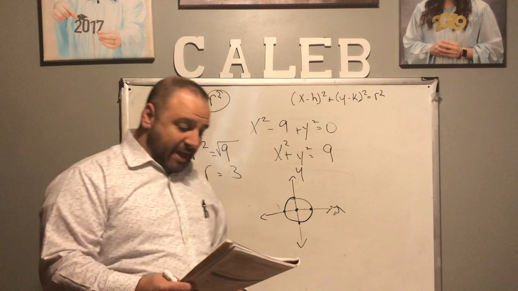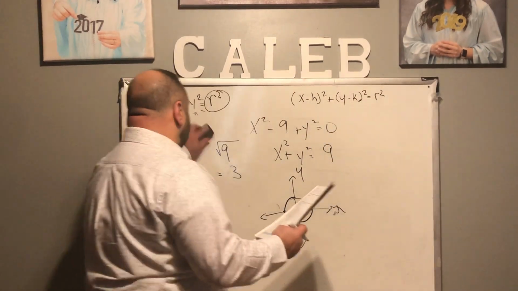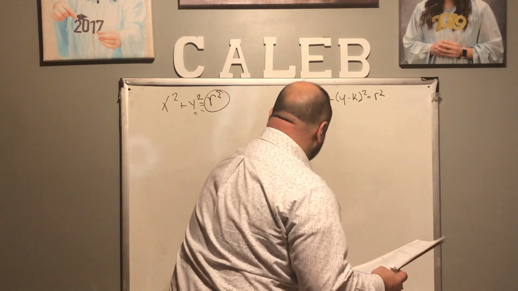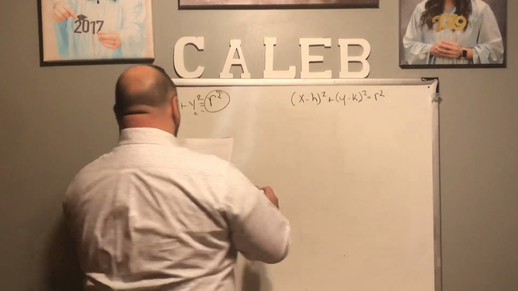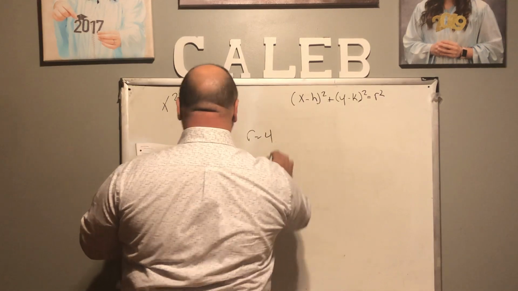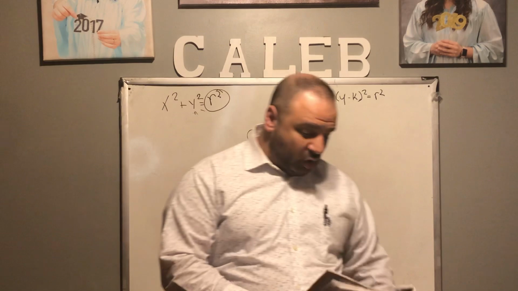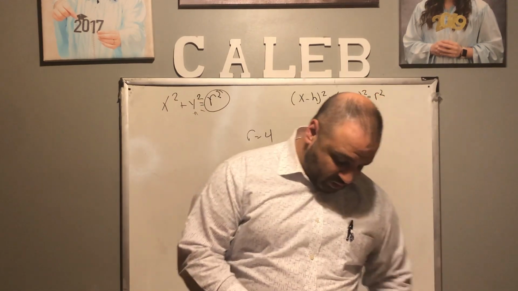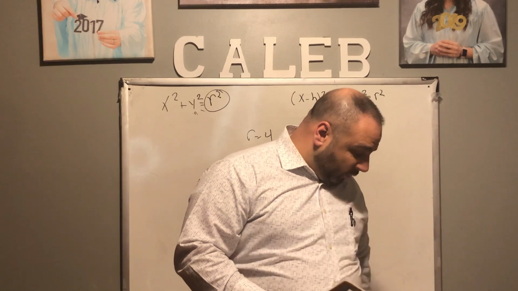So let's practice. We'll do the evens on page 34 here. Let's do number 2. Okay, number 2, we have r equals 4. Write the equation of a circle with the radius r at its center 0, 0.